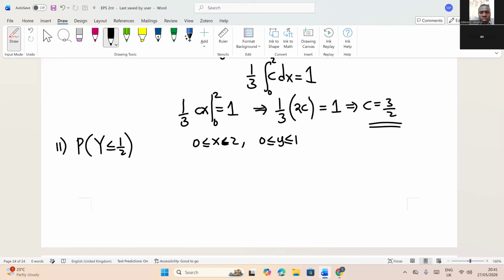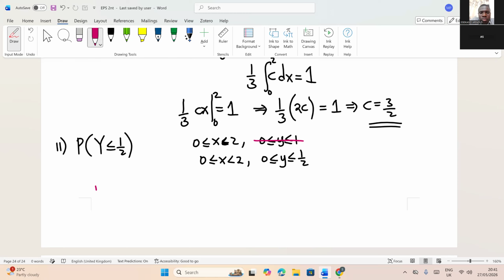So now this should transform to this. X remains the way it is, it is varying, and y has been fixed from 0 strictly up to a half. So we change from 0 up to 1 to 0 up to a half.